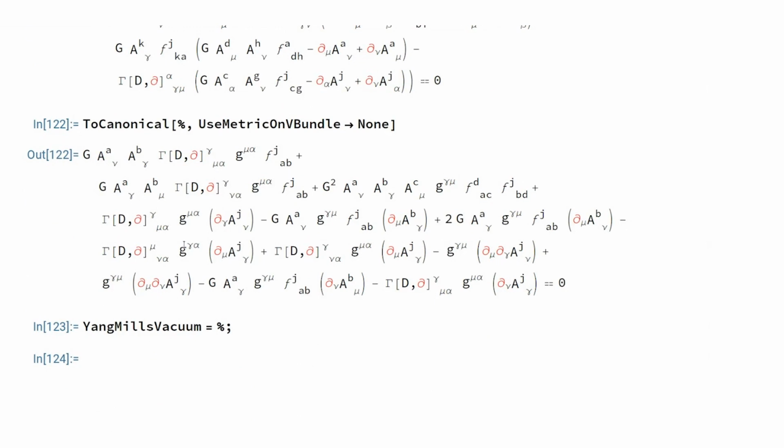Here you have the Yang-Mills vacuum equation fully expanded out in terms of the structure constants of the Lie group, the metric tensor, the gauge potential that you define in your vector bundle, and here you have the Christoffel symbols that you would get from your spacetime background.